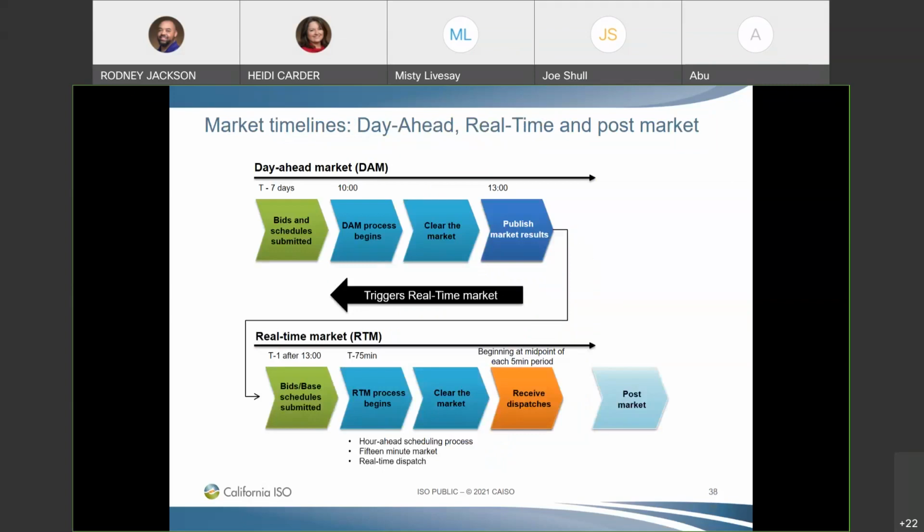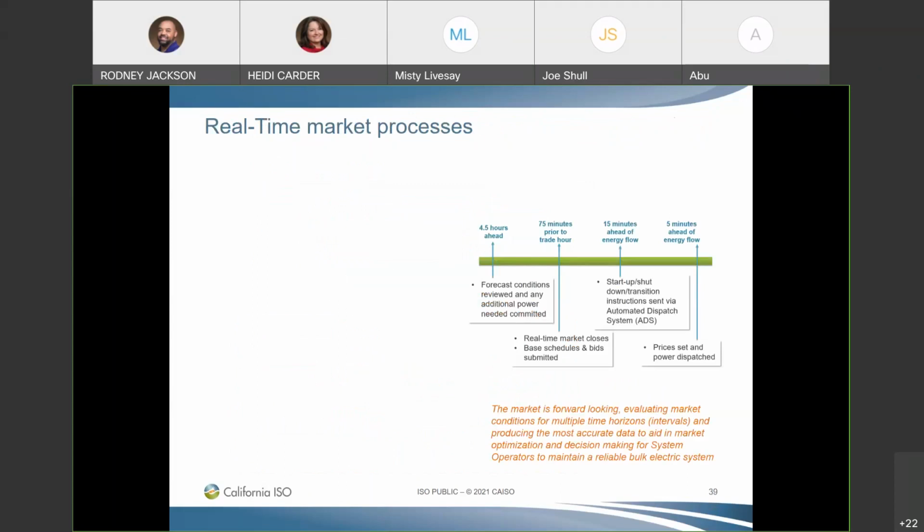Again, we talked about the timelines. We just covered the day-ahead market, and now we're going to get into the real-time market. You'll notice that it looks very similar, but the real-time market begins once the day-ahead market closes. So let's take a look at that process.